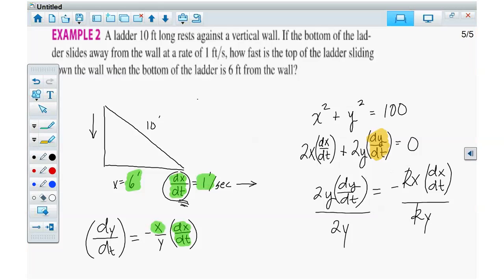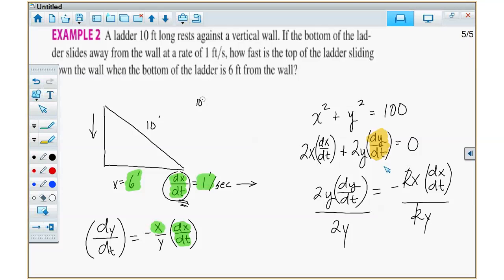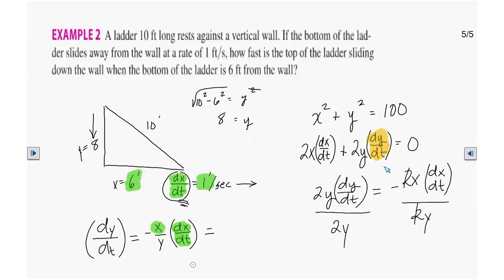So 10 squared minus 6 squared is equal to y squared, and the square root of that takes that out. So y is equal to the square root of 100 minus 36, which is 64. 8. Plug that 8 in there now. So let's do the math. Negative 6 over 8 times 1.